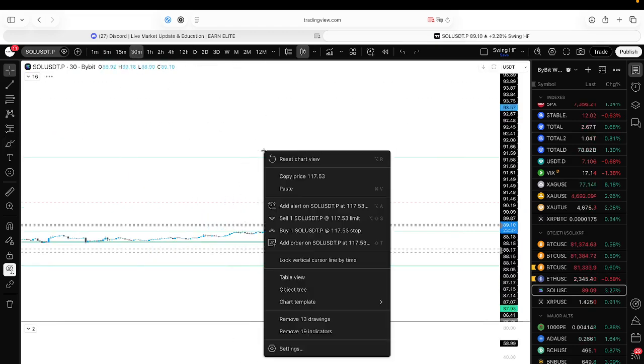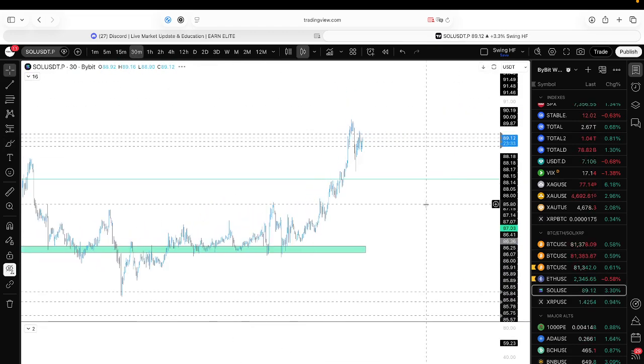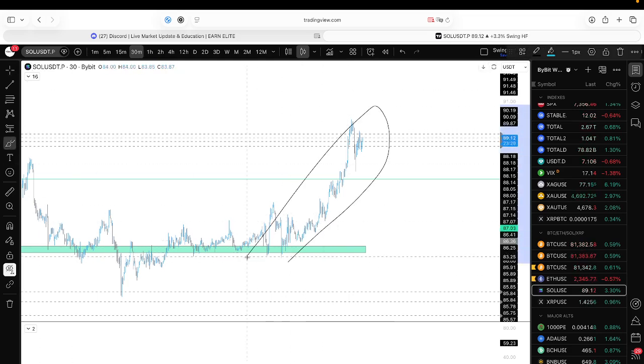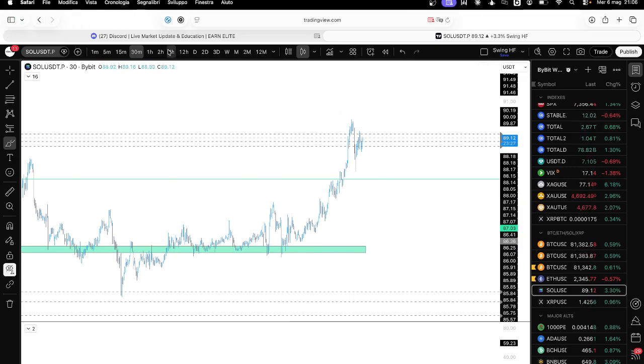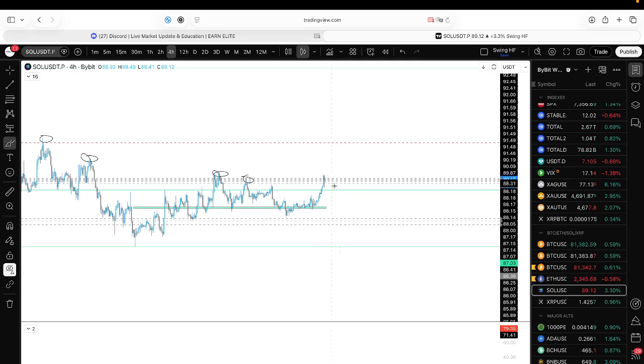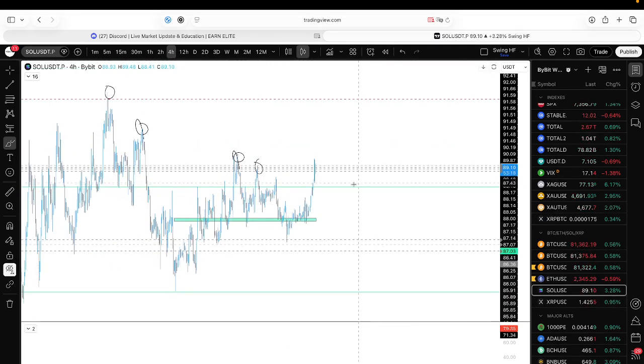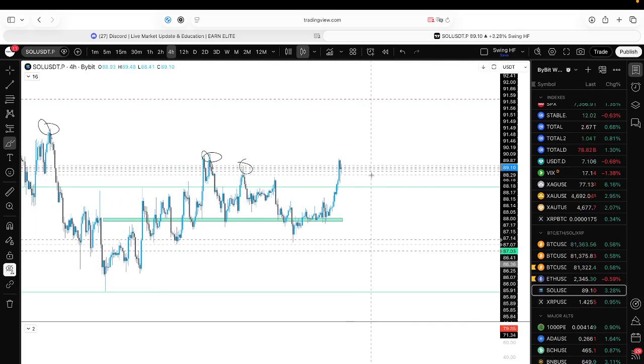So we talked about how weak SOL was in the past days, and look how it ramped up. I told you, keep an eye on SOL, because it could have a great run here. We set some alerts here, because I think now it can be a short, with this whip here, it's in a short zone.